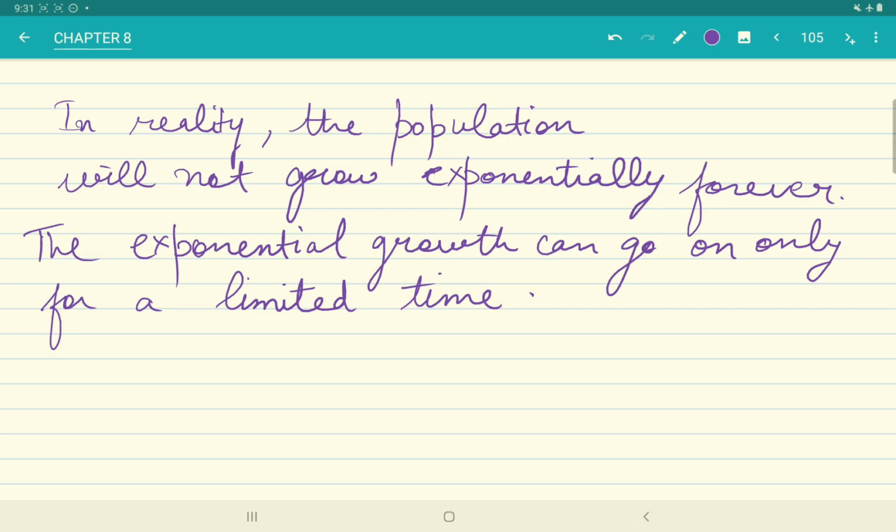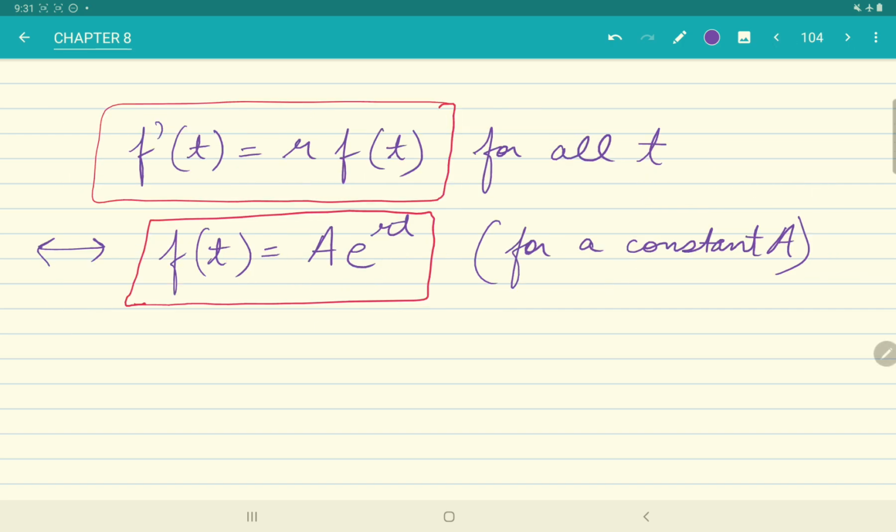Now that means I cannot assume that this is the case, because if this is the case, that means population is growing exponentially. The point to note here is that we cannot then assume that the relative rate of increase is constant. That means we cannot assume that the per capita rate of increase of the population is constant, because if that is the case, that means population is growing exponentially.